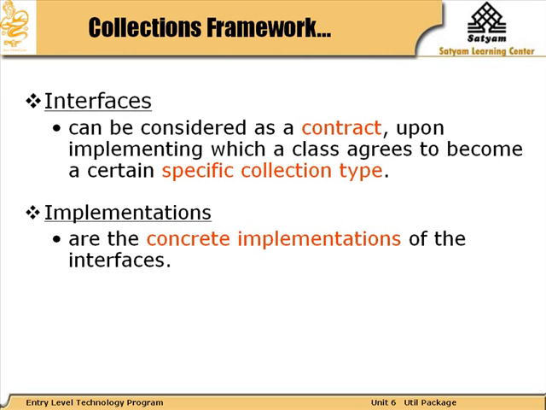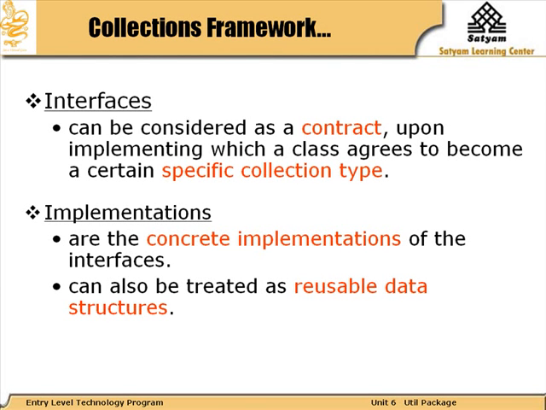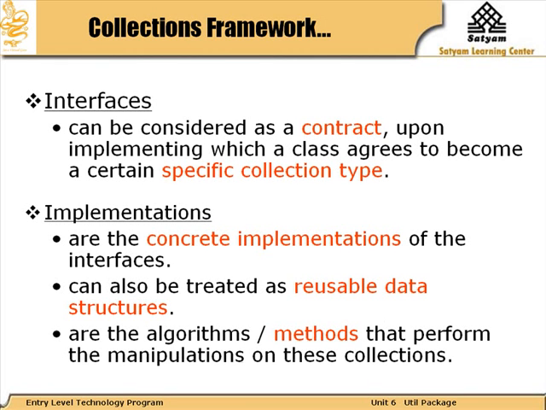Implementations are the concrete implementations of the interfaces. Implementations can also be treated as reusable data structures. Implementations are the algorithms or methods that perform the manipulations on these collections.